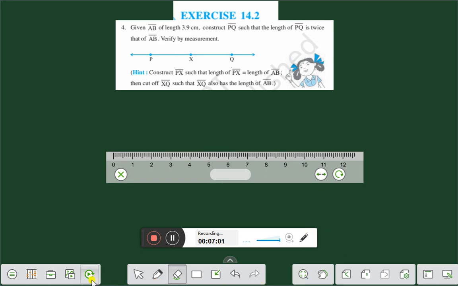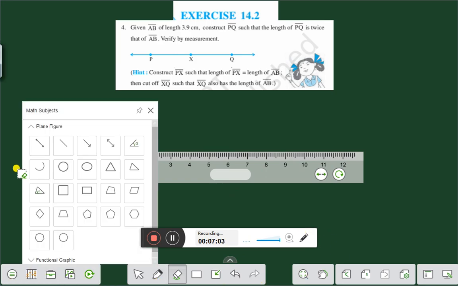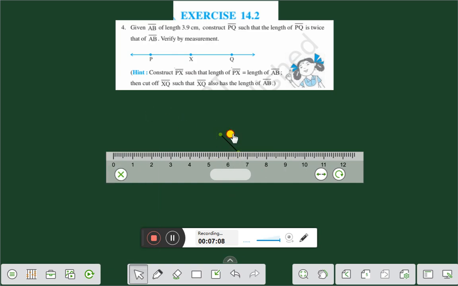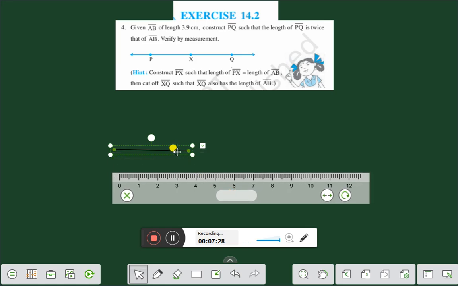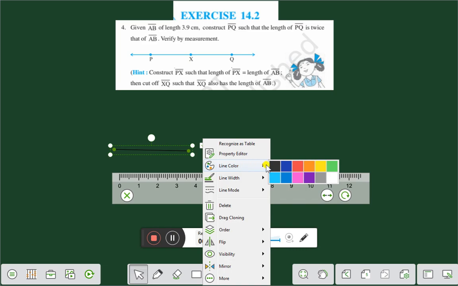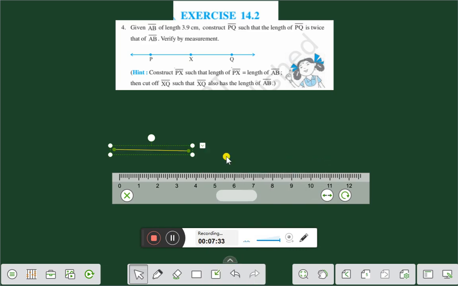Construct AB of 3.9 centimeter. Let us take one line here. Take this point at 0, and this point at 3.9 centimeter. This is exactly 3.9 centimeter. Now we change the color of the line to yellow, and this is AB, 3.9 centimeter.